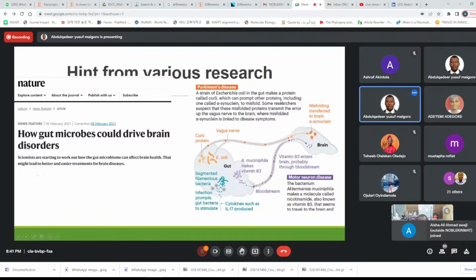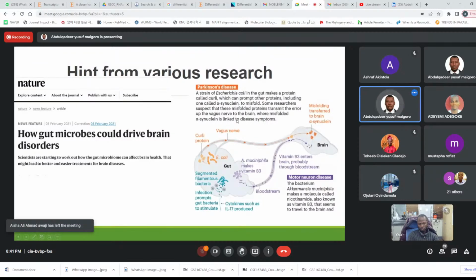And they found out that these misfolded proteins transmit the error from the gut through the vagus nerve to the brain, where misfolded alpha synuclein is linked to disease symptoms.